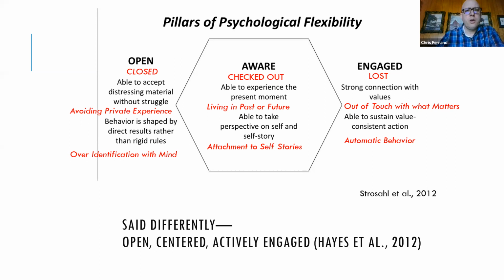Those are the pillars described in the FACT model. In the original, or the second edition seminal text, it was described as open, centered, and actively engaged. Russ Harris has a different kind of a triangle, but they all have some similarities.